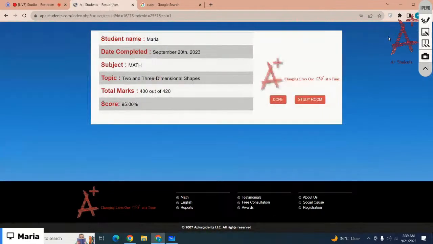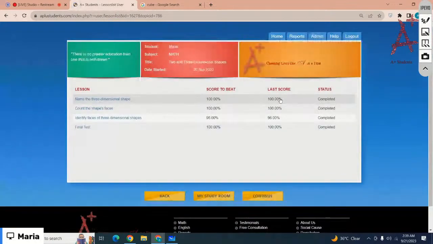So we are done with the lesson and also with the chapter on 2 and 3 dimensional shapes, right? Please write down the names of the two dimensional shapes. Which shapes are two dimensional shapes?